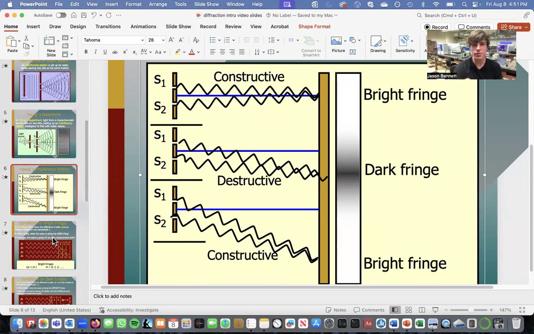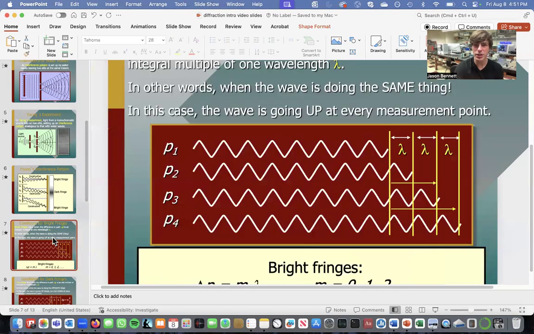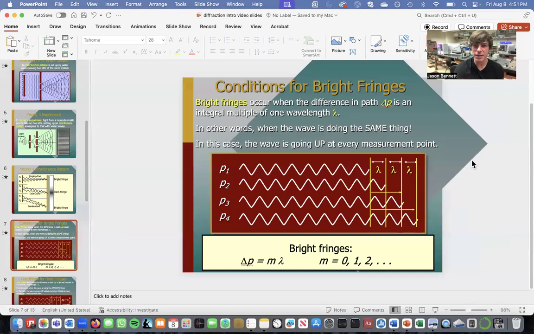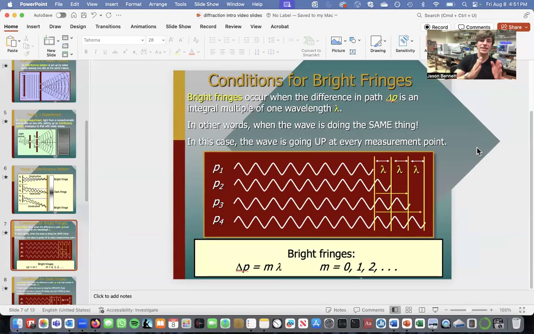So in terms of what needs to be happening at that particular moment, in order for the wave to be doing the same thing, the difference in how long, like let's say the source of the light came over here. And let's just say we're using P1 as our kind of baseline. That's the wall.